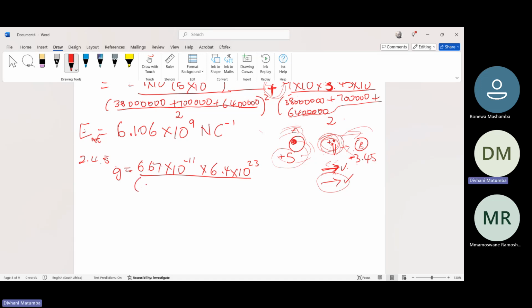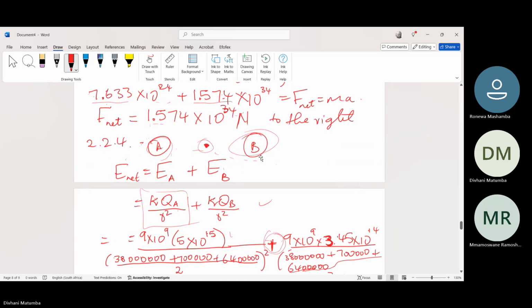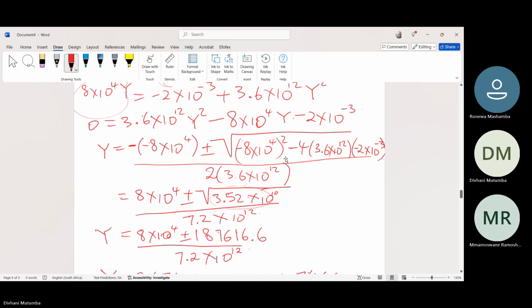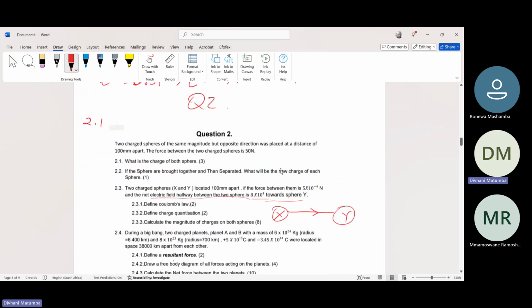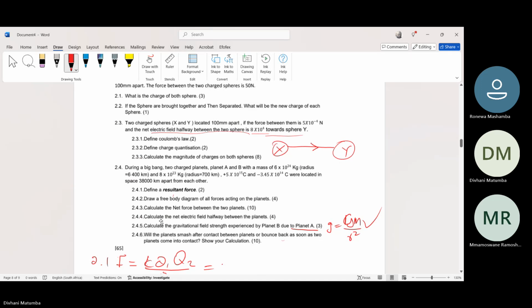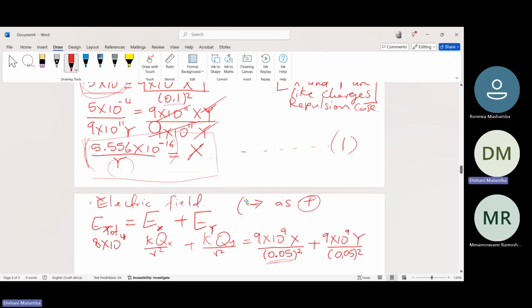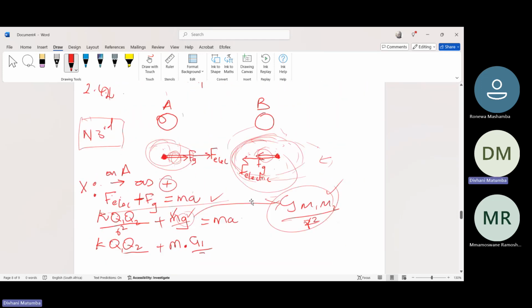So we are going to have, what will be the value? It's going to be 3800 plus 700.